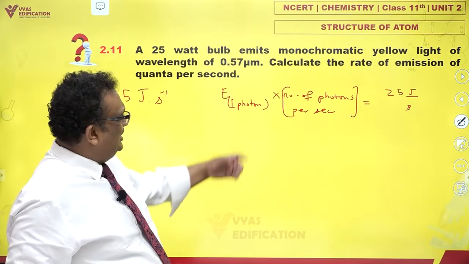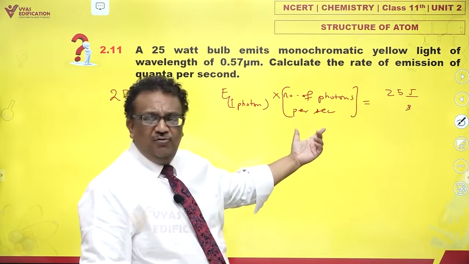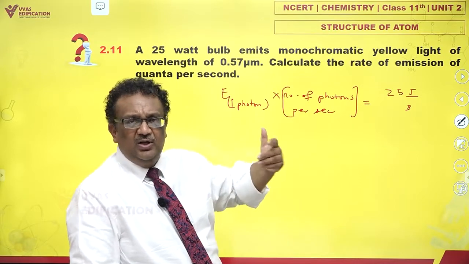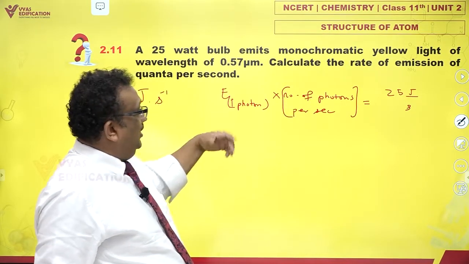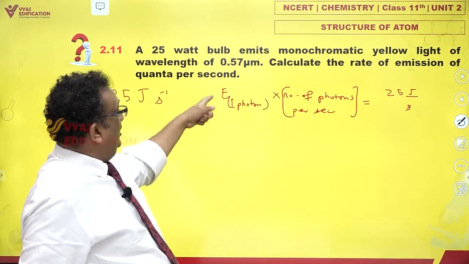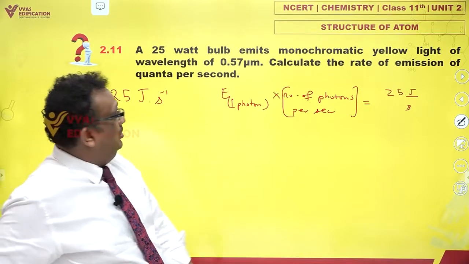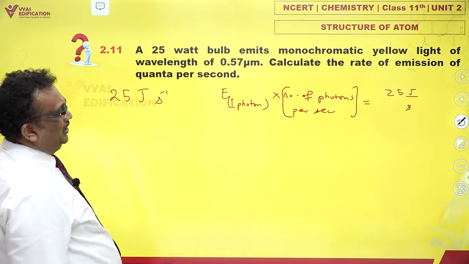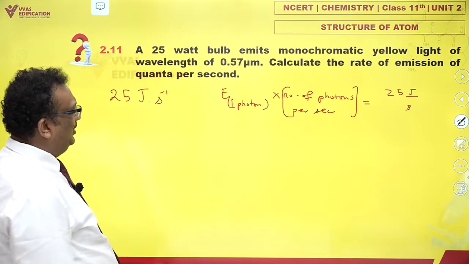That's easy. I'm supposed to find the number of photons per second. Photons are quanta, so it is the number of quanta per second, which means the rate of emission. So I just have to find the energy of one photon. Could I find that? Yes, I guess I can.